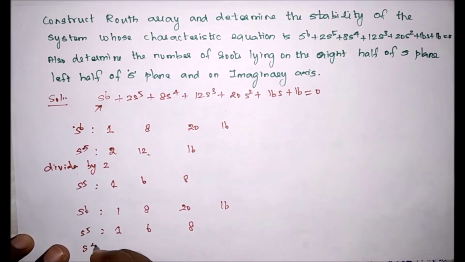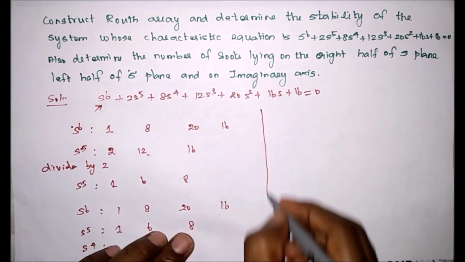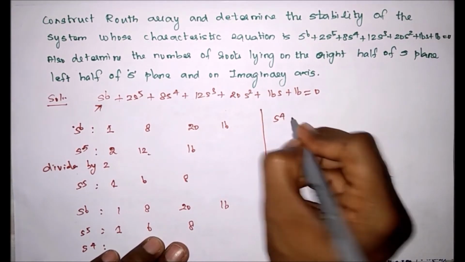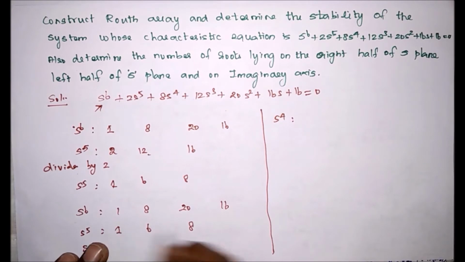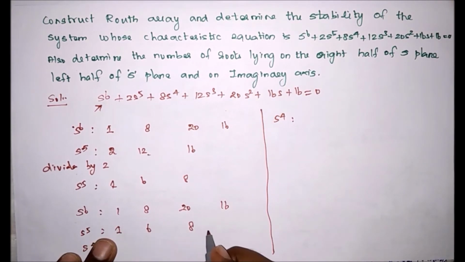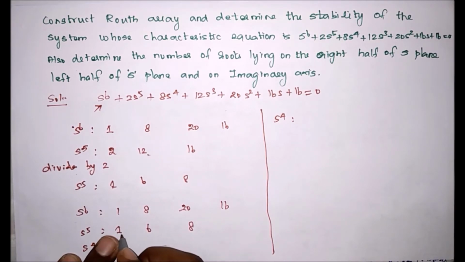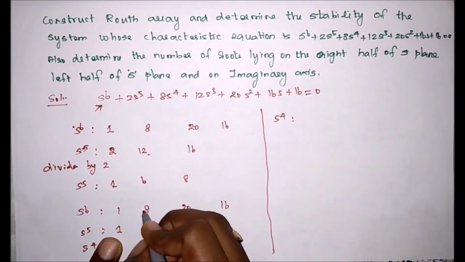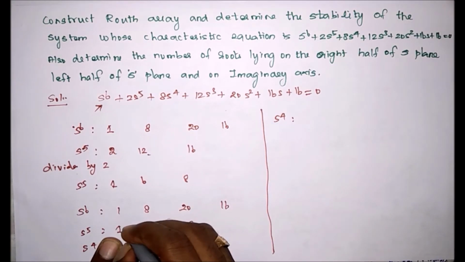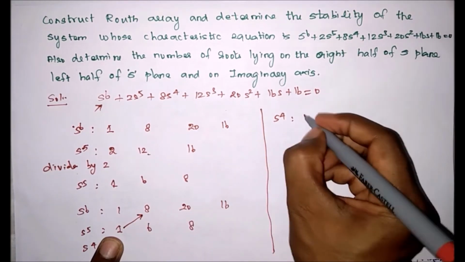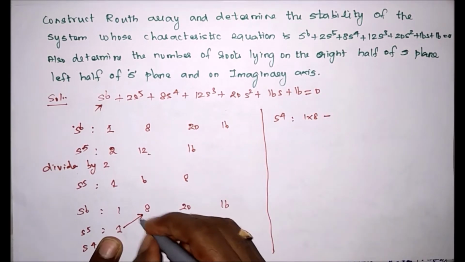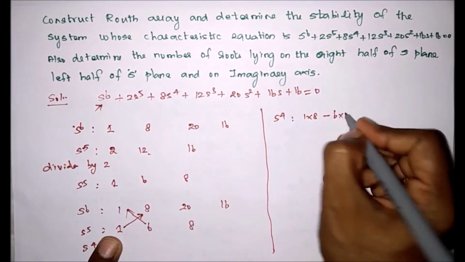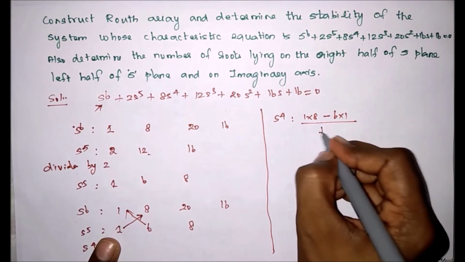So we have to find the s^4 row. To find it, we take the previous two rows, taking 1 as the reference. First element: 1 into 8 minus 6 into 1, divided by the same 1.